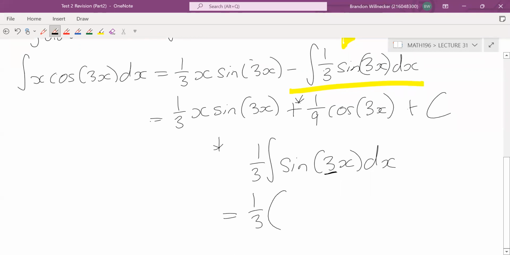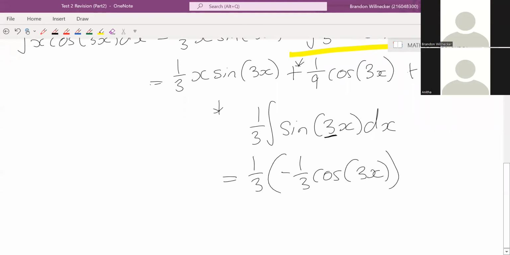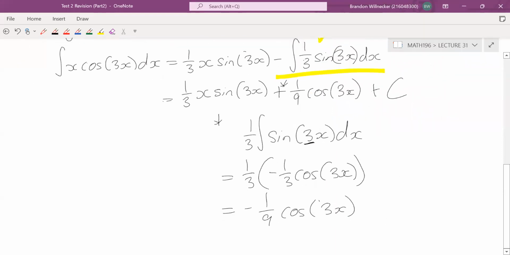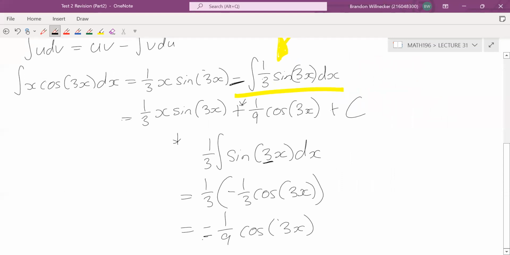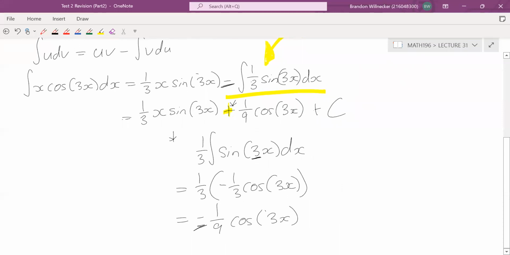We need to divide by that. So it's minus 1/3 cos 3x. And then this becomes minus 1/9 cos 3x. Okay, and then the minus and the minus, that now becomes a plus over here. Okay, does that answer your question? Yes, thank you. Okay, awesome.